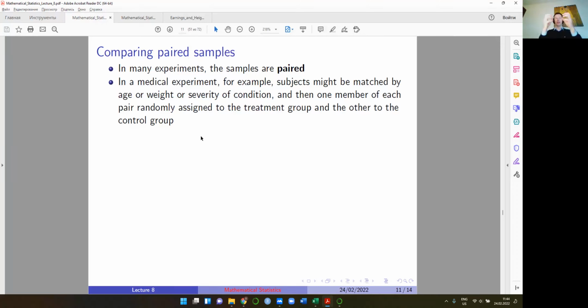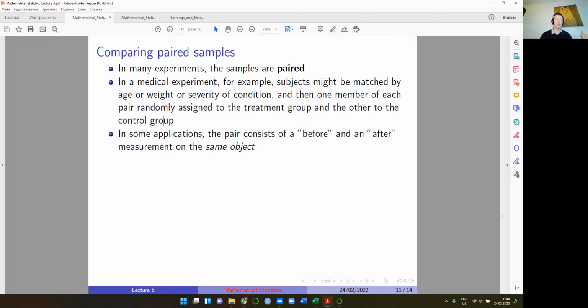So we make two samples matching by all the features of the elements. Why? Because in this case, we can ensure that all these other variables do not affect the result. Or there is another possibility.